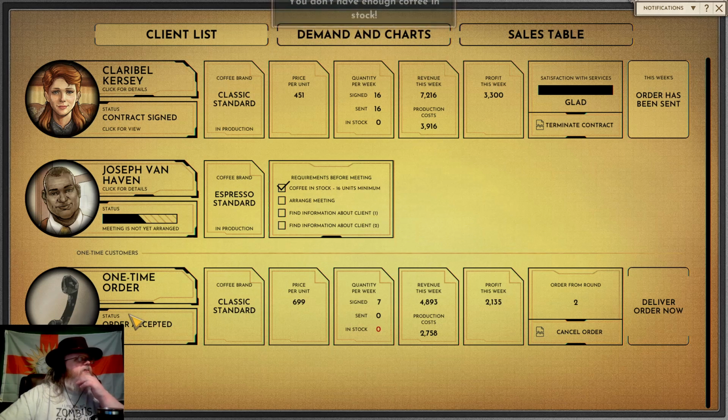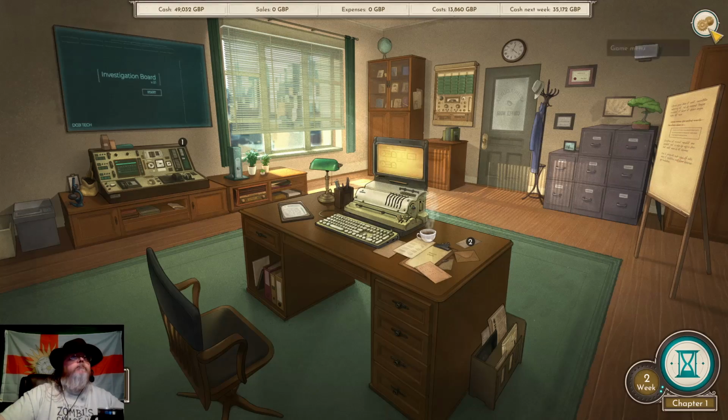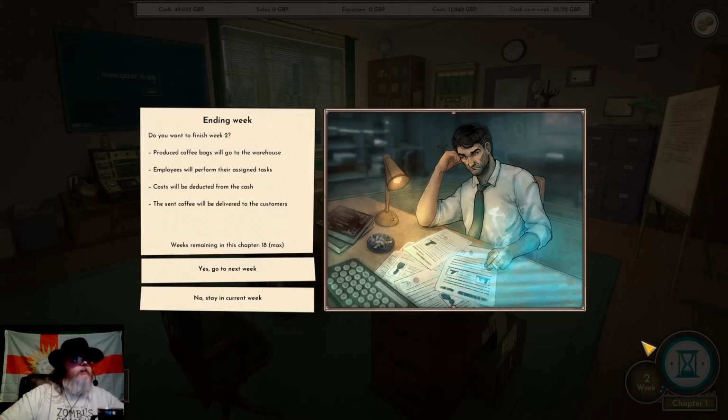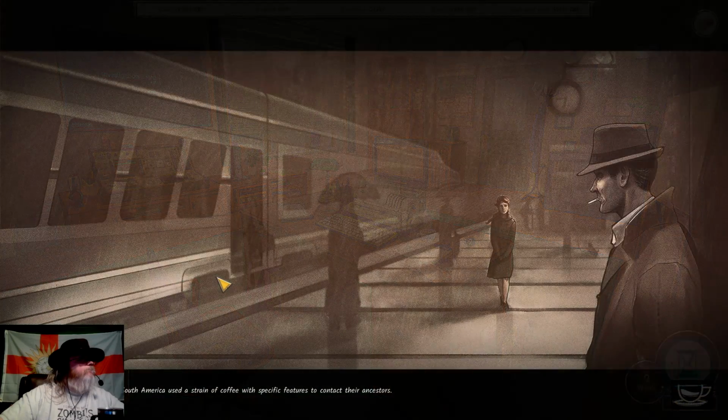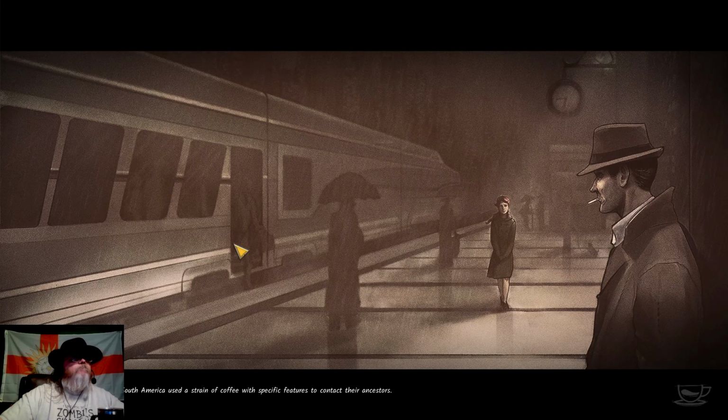I don't have that in stock, so there's nothing much I can do there. They want 7. Alright, so there's nothing I can do with that. Germans in South America use a strain of coffee with specific features.